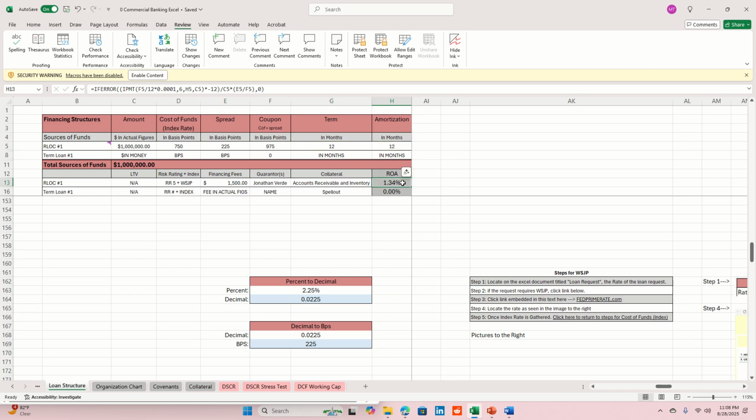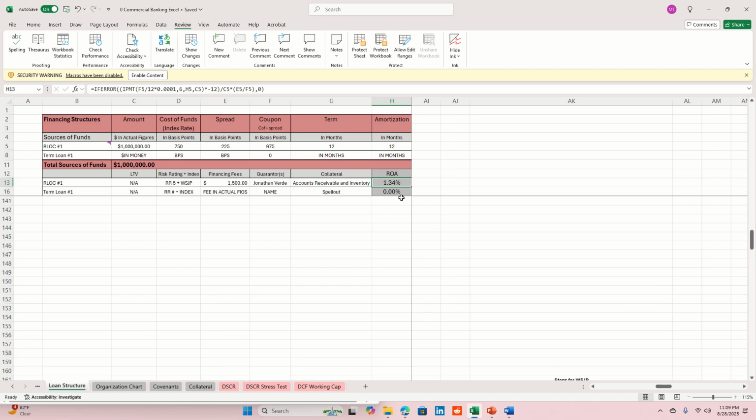So we're going to make 1 penny for every dollar that we've loaned out. We're going to make 1.34%, which is a very, very thin margin.